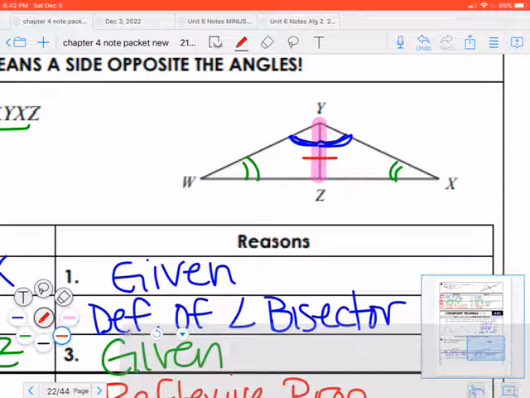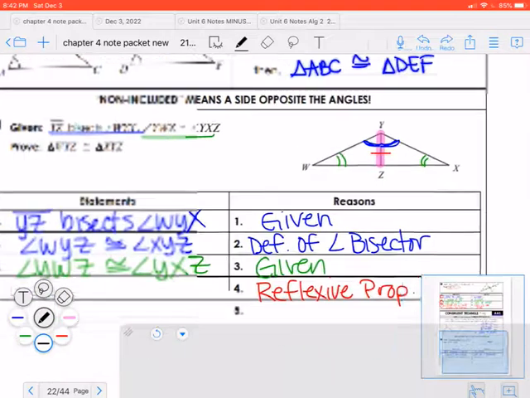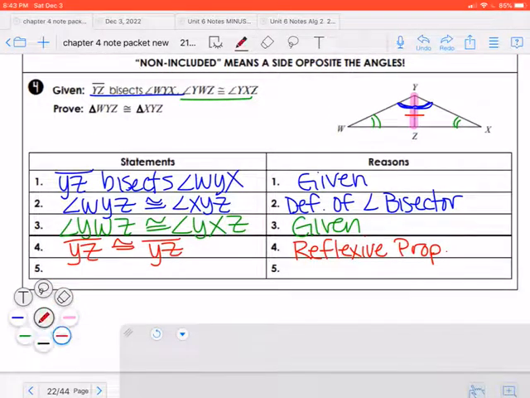And so now we've got it. We've got angle, angle, side on each of our triangles. And I forgot to circle them as we were going along. We have angle, angle, and side. We just proved it.